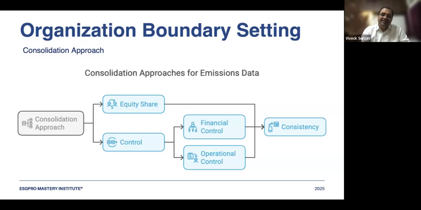And if you are changing it, then make sure you change everything, including the baseline. Are you with me? So you can select the equity share method. You can select the control method. Under control, you can take financial control or operational control, any of those methods, but you maintain consistency in order to consolidate the activity data into that particular heading, whichever part of activity you are calculating.